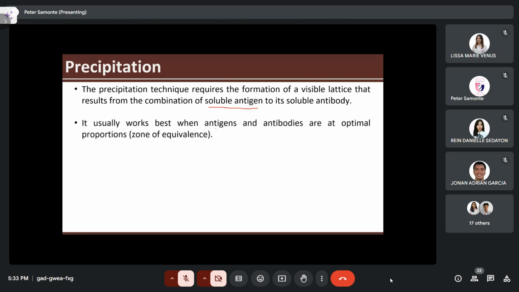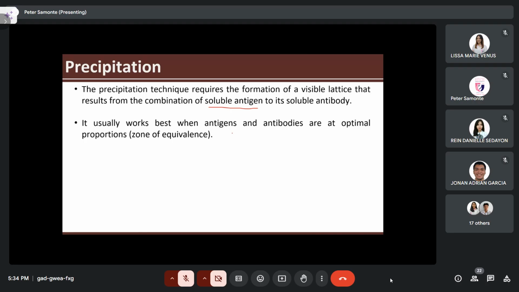It would usually work best class when antigens and antibodies are at an optimal proportion, wherein there would be a zone of equivalence. So ang precipitation class, they would work best if you have equal amounts of antigen and antibody. If you apply this in the lab, dapat yung volume ng antigen mo, yung volume ng antibody mo equal amount. Katulad nung nangyari sa atin sa lab class.